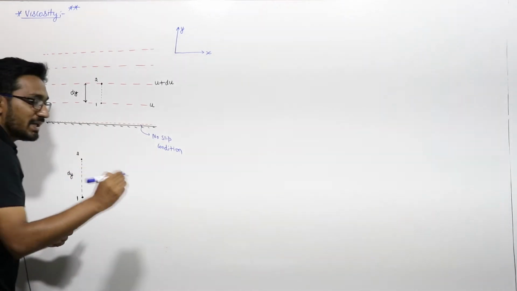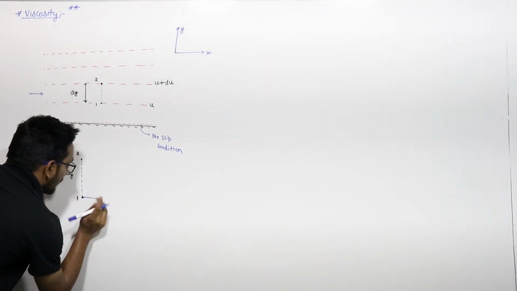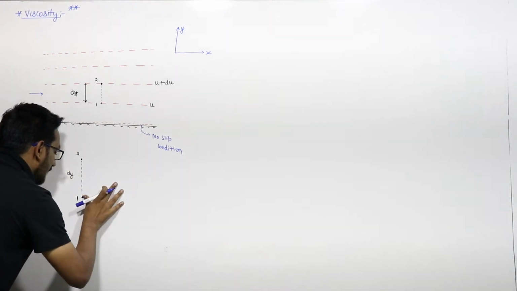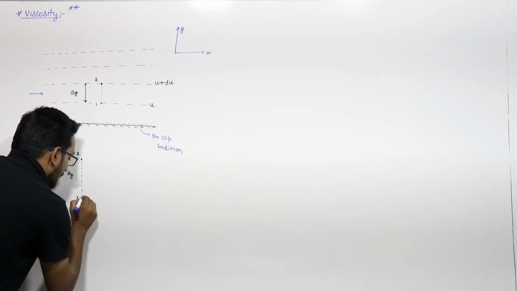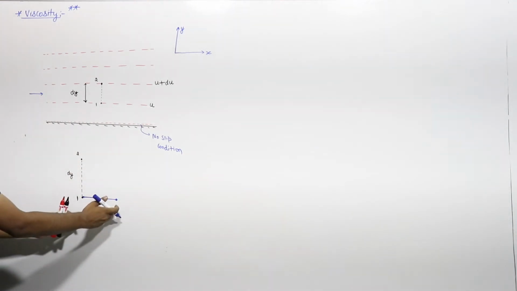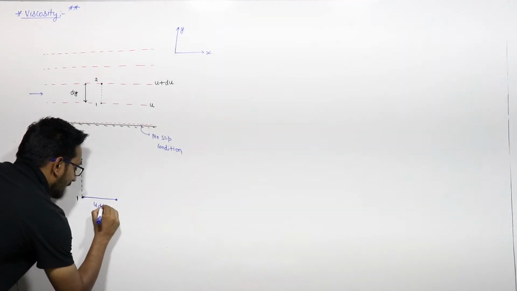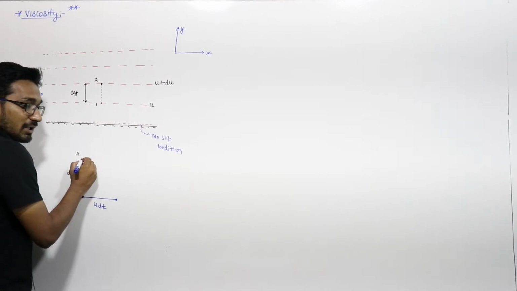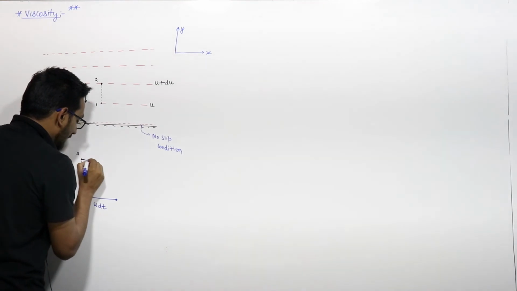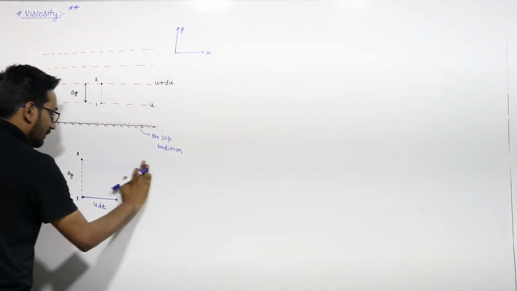Then after some time dt, particle 1 will reach this point, having covered a distance of u into dt. Particle 2 will cover more distance and will come to this point.